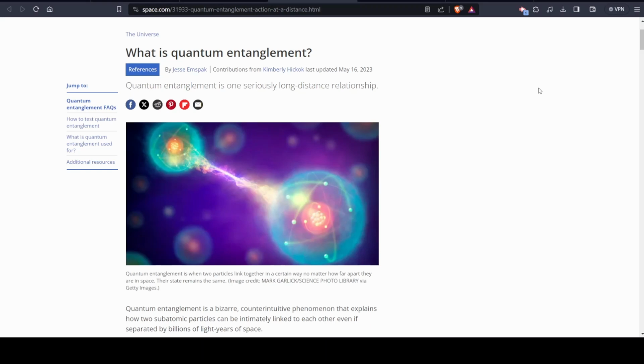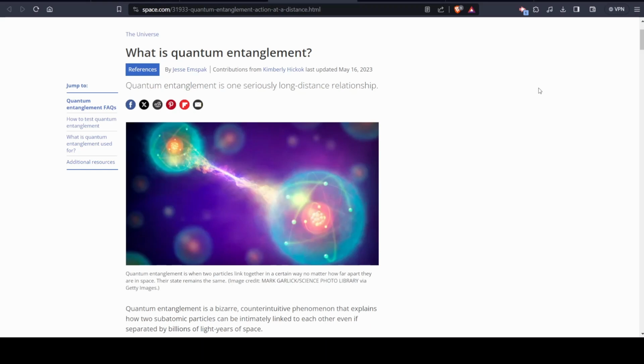Even if you separate them by these huge, galactic distances, if you change one particle, a corresponding change is noticed in the other particle, theoretically instantaneously, no matter the distance. And this contradicts conventional physics because nothing can travel faster than the speed of light. So how can you change a particle here on Earth and then 18 billion light years away, at the exact same time, something else is happening related to your change here on Earth?